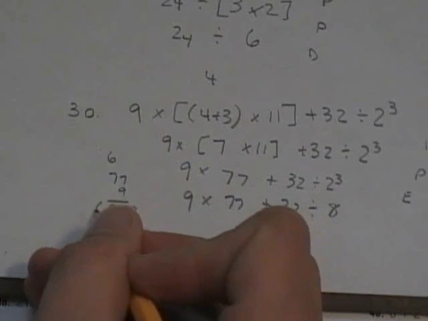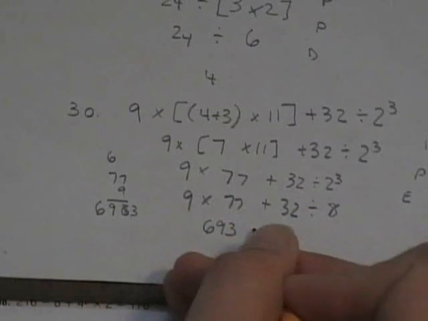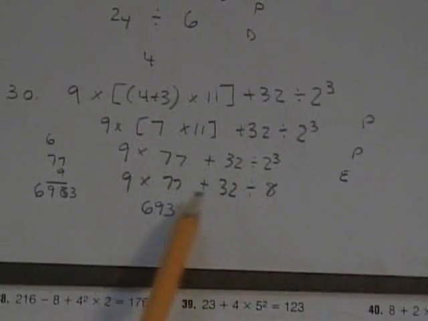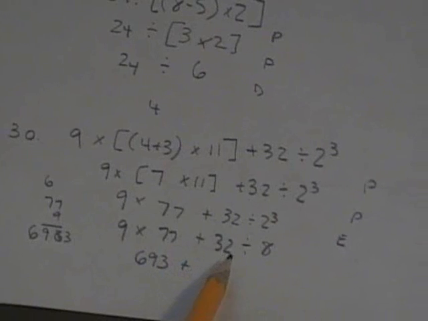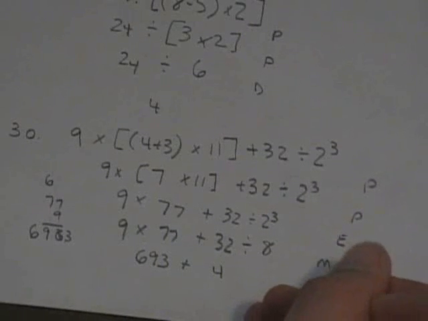So it's 693. Plus, remember, we're going to keep doing multiplication or division, whichever comes first. There's a division right here. 32 divided by 8. I ignored the plus because that's not the last step. And 32 divided by 8 is 4. That's one of your math facts.